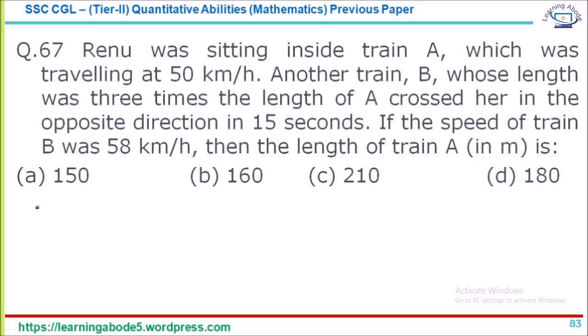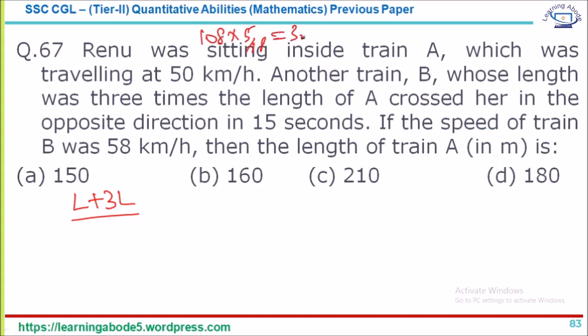Now see, length is 3 times, right? So L plus 3L, and 58 and 50 is 108. So 58 plus 50 is 108 into 5 by 18.